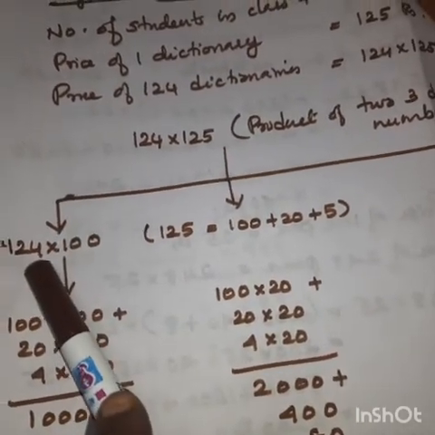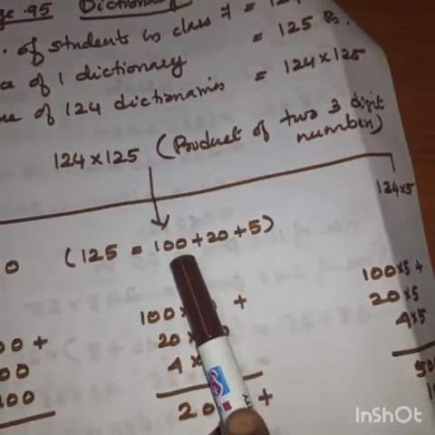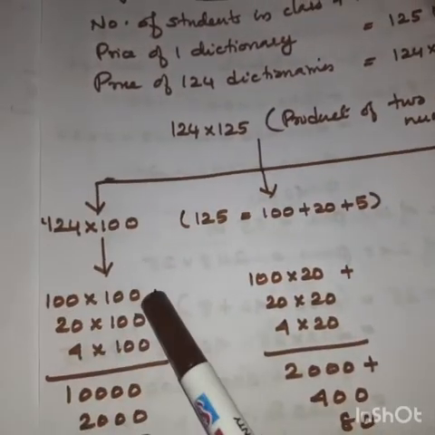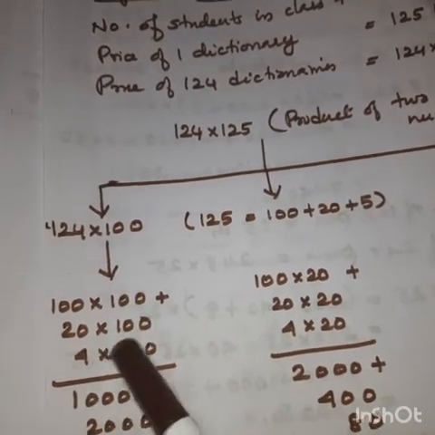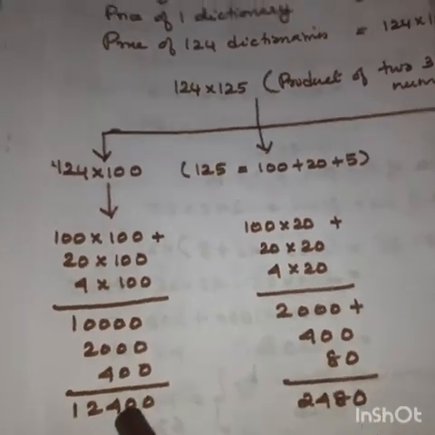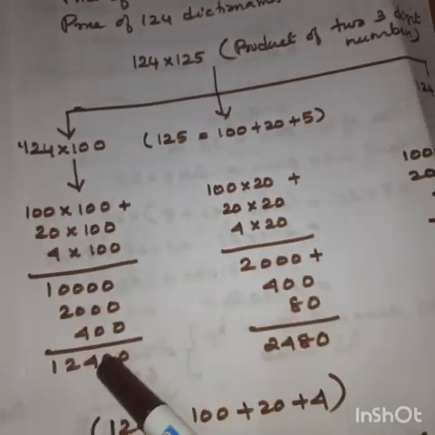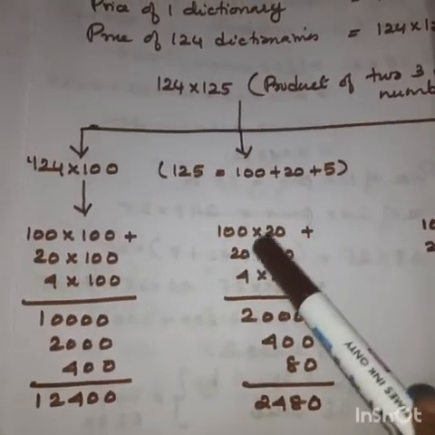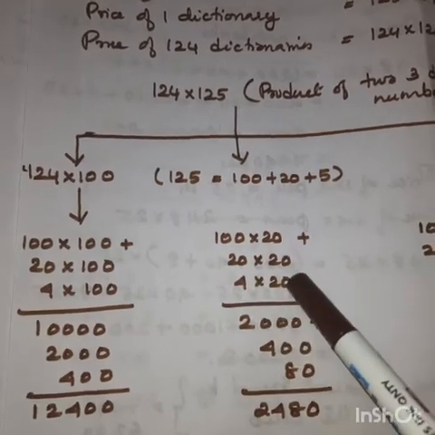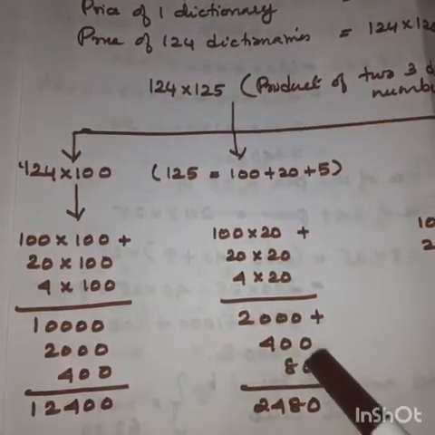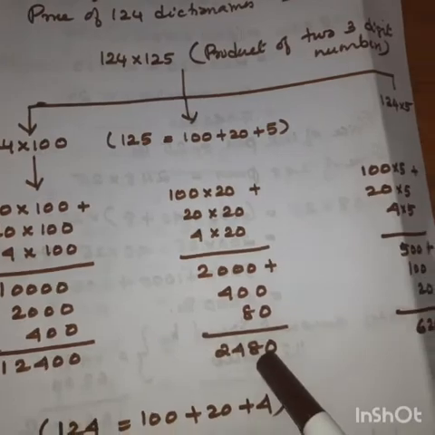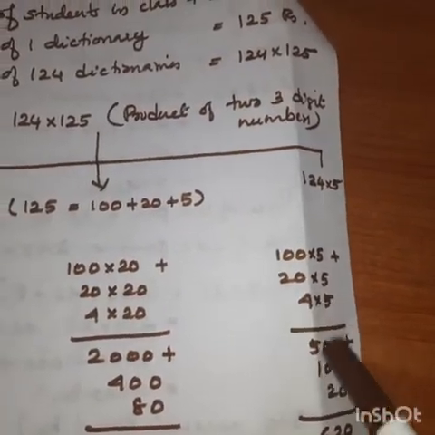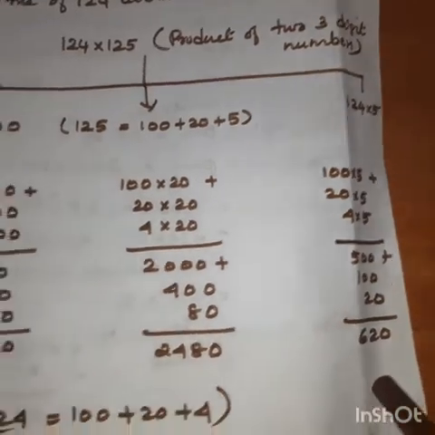124 into 100, 124 into 20, 124 into 5. Here 100 into 100, 20 into 100, 4 into 100, that is 12,400. Here 100 into 20, 20 into 20, 4 into 20, it is 2,480. 100 into 5, 20 into 5, 4 into 5, that is we get 620.